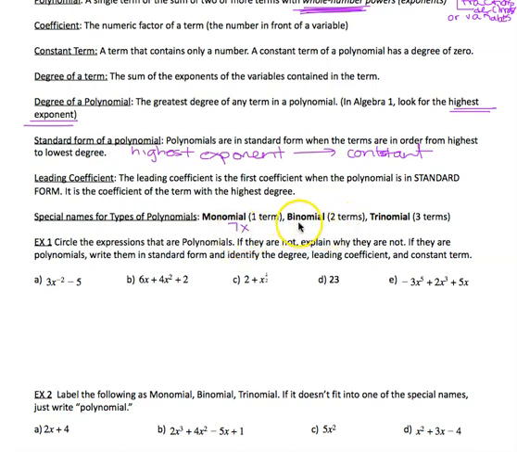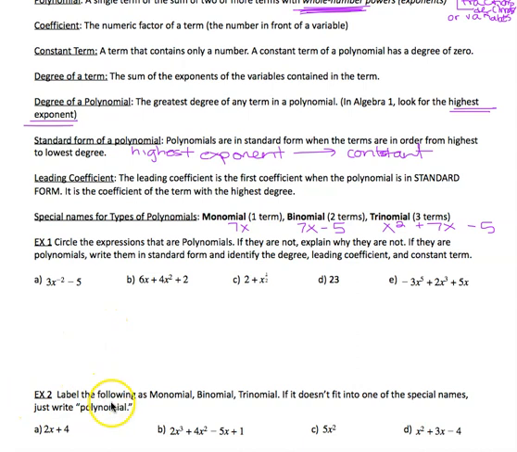So maybe instead of just 7x, it's 7x minus 5. That would be a binomial. A trinomial has three terms. Now, the terms can't be like terms, otherwise we would combine them. So an example of a trinomial might be x squared plus 7x minus 5. Three different terms, none of which can be combined.